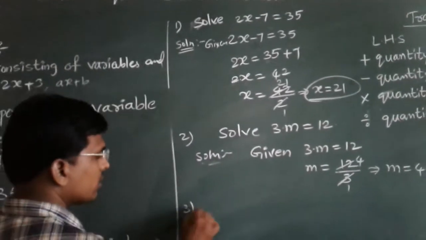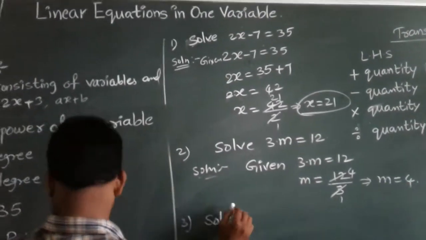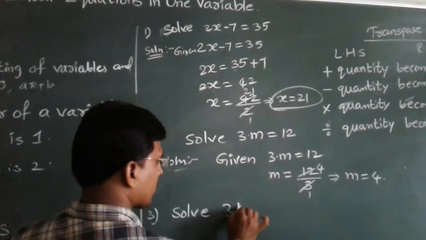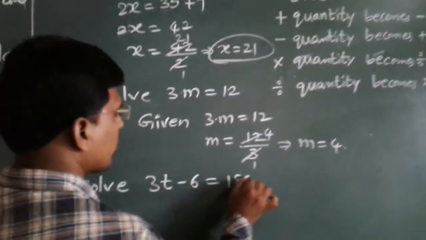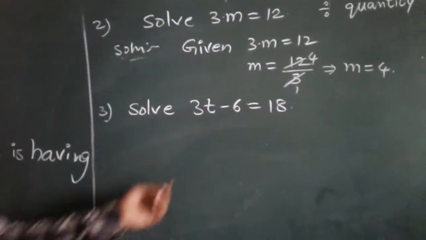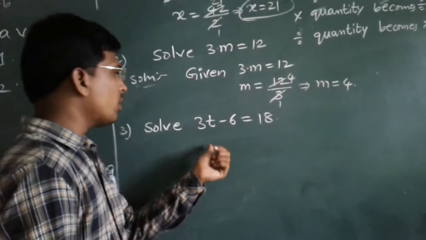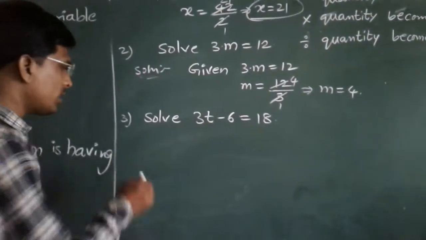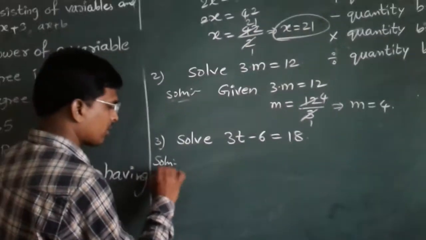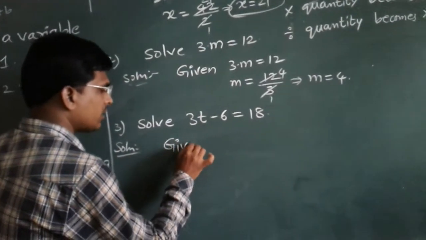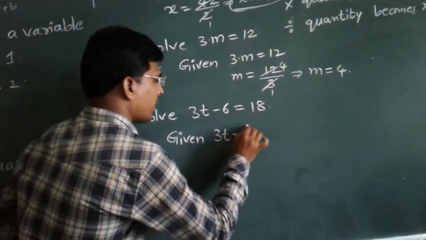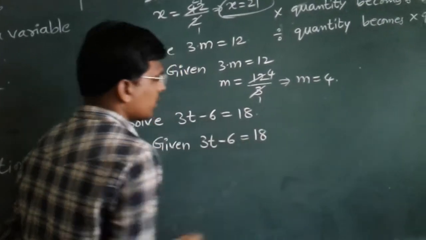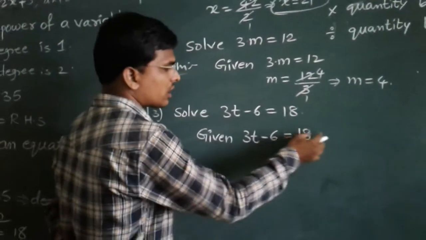In the same way, solve 3t - 6 = 18. Here t is a variable, and we have to find the value of t. Solution: given 3t - 6 = 18. Here I am sending this minus 6 to the right hand side.